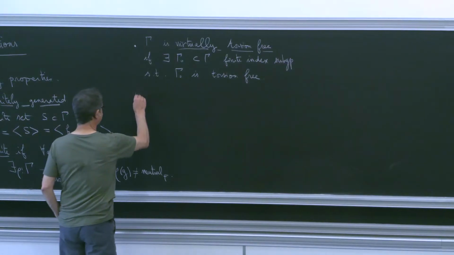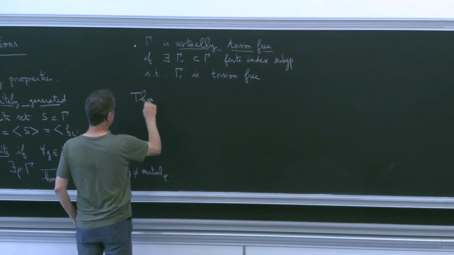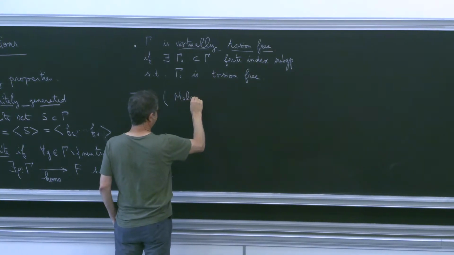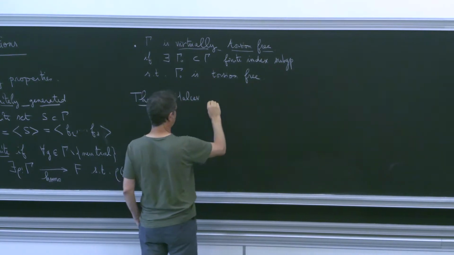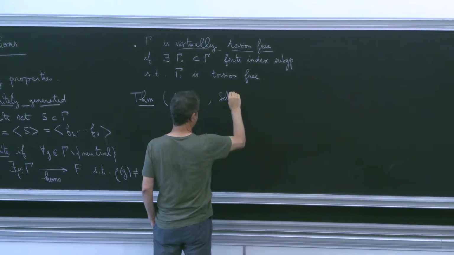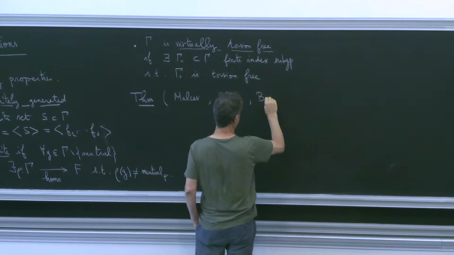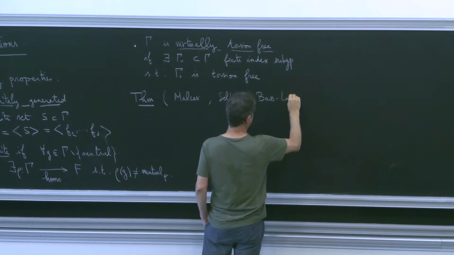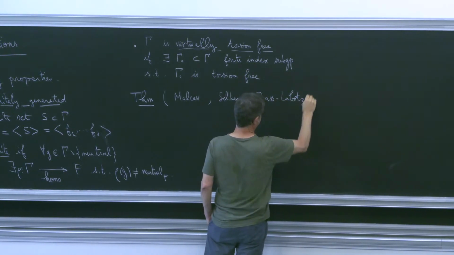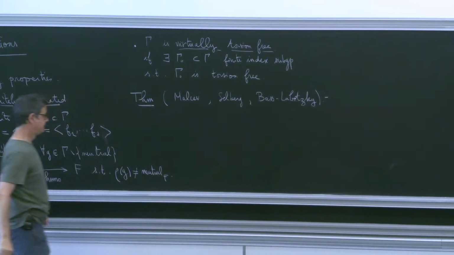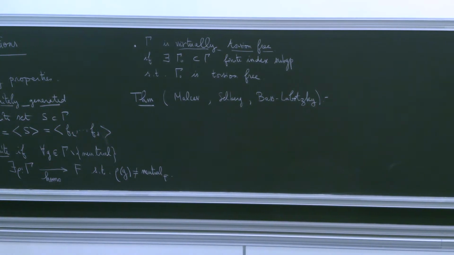And so the theorem, this is due to Malcev for the first property when the group is linear, to Selberg for the second property when the group is linear, and to Bass and Lubotzky in this context.